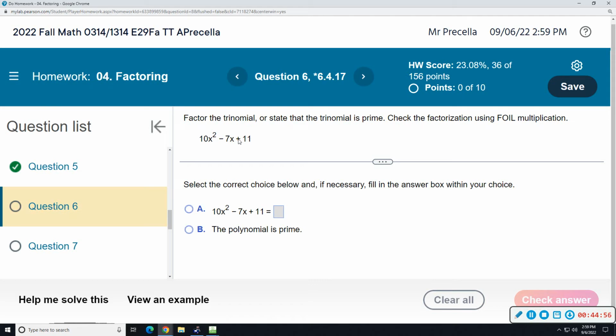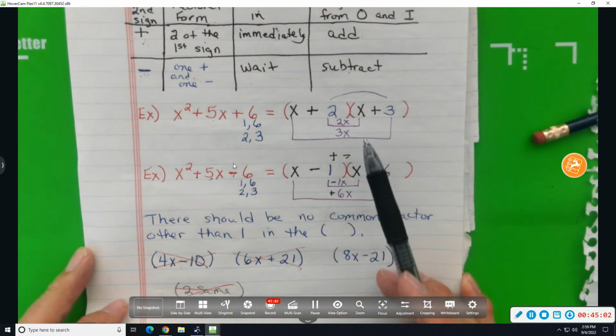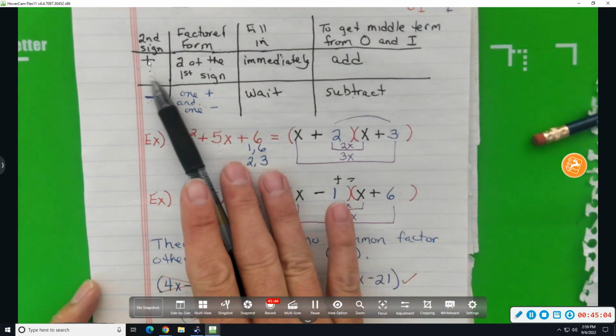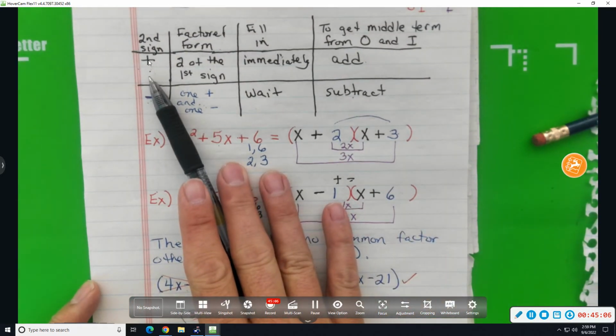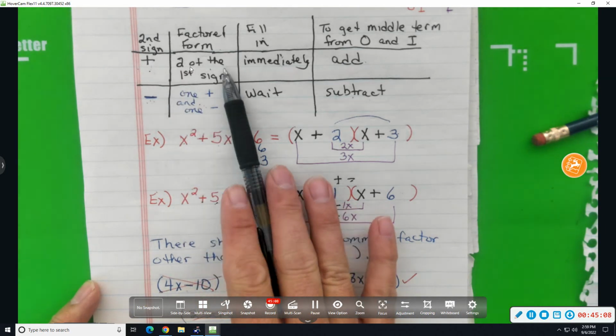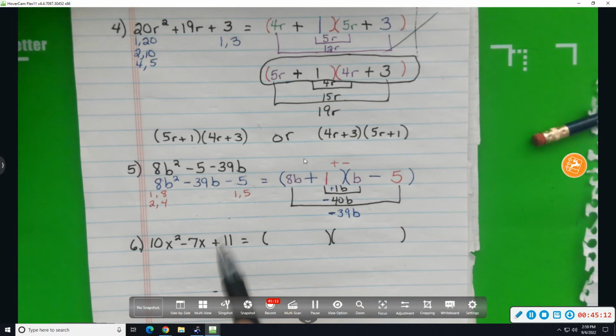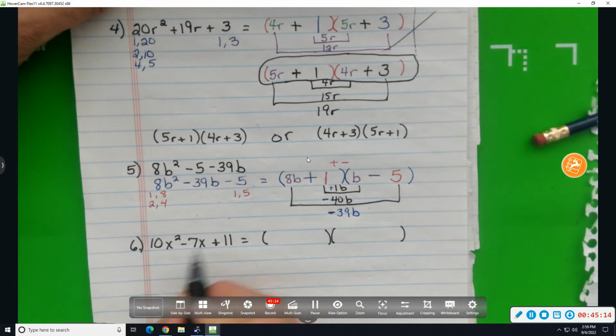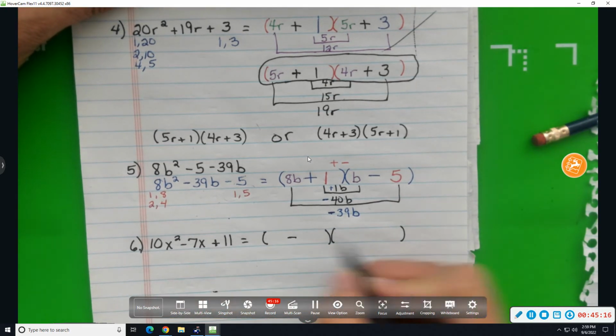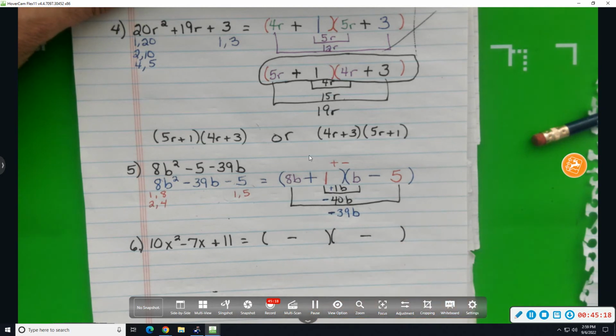What are you going to use? Wait, let me switch over. My little table isn't even visible. If the second sign is plus, and it is, what are we going to have? Two of the first signs. So negative and negative. So the second sign is plus, so we know minus and minus.